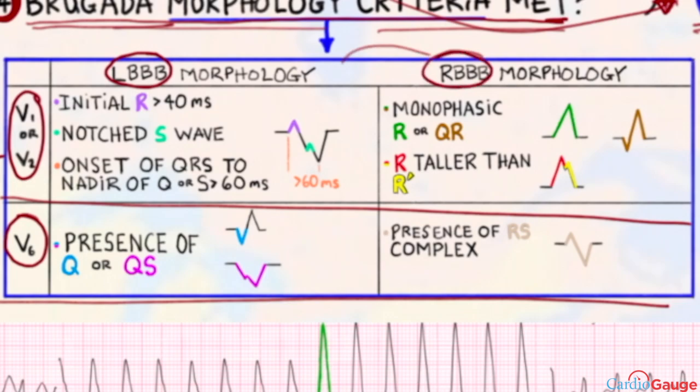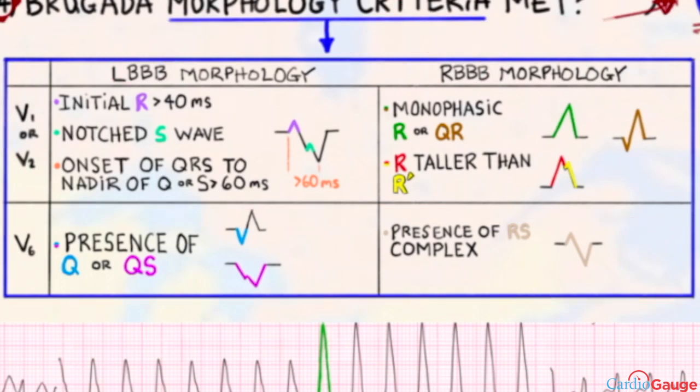And each of those two morphologies have their own criteria. So let's start here. So if you have a left bundle type morphology, that would be if lead 1 looked pretty much like this, V6 looks like this, V1 looks like this. Those would be examples of left bundle type morphology. You're going to apply these criteria here.